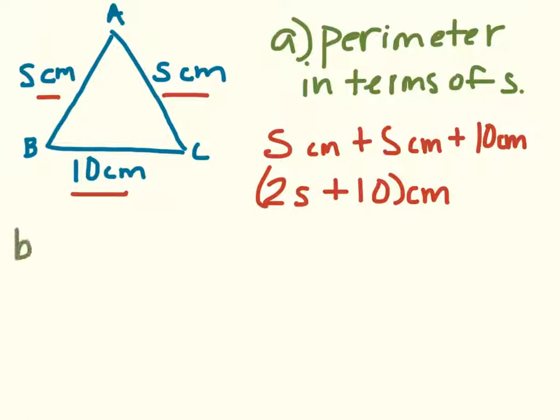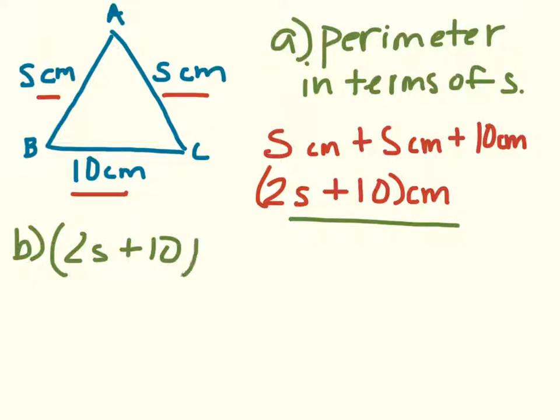In question B, we're told that the perimeter of a trapezoid is 7 centimeters shorter than the perimeter of triangle ABC. So find the perimeter of the trapezoid. Okay, if the perimeter is 7 centimeters shorter than the perimeter we have here, we'd begin by writing 2S plus 10, and then we would subtract 7 centimeters.